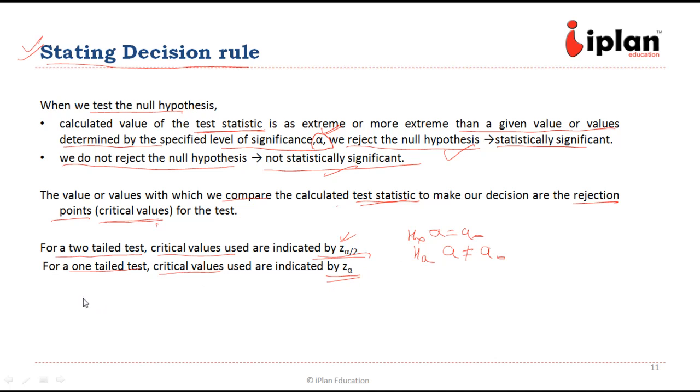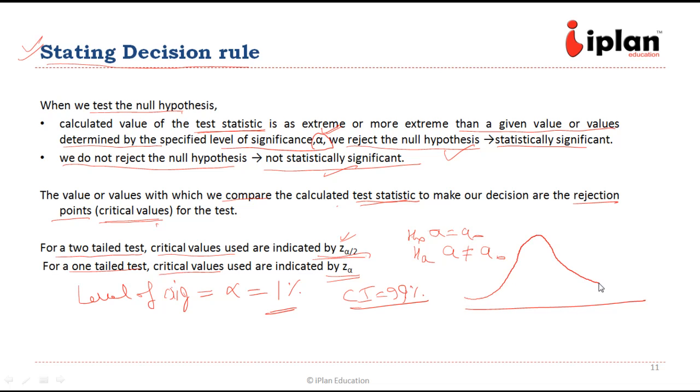Let me take an example. Suppose the level of significance alpha is 1%. So for a 1% level of significance, we know the confidence interval is going to be 99%.